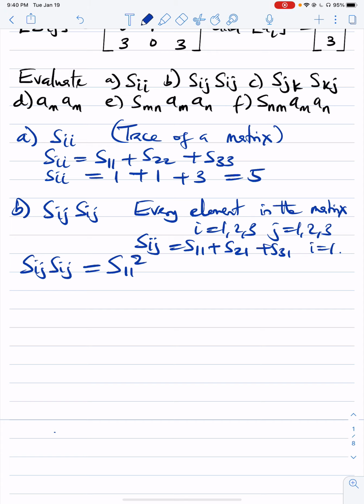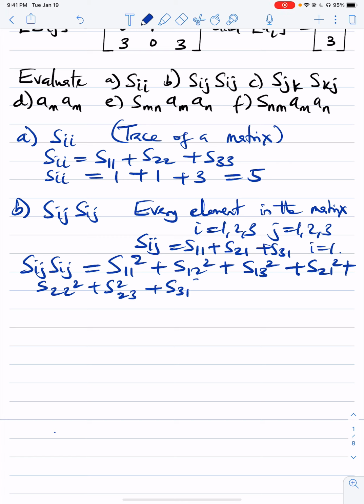If you do that correctly, it will give you S11 squared plus S12 squared plus S13 squared, plus S21 squared plus S22 squared plus S23 squared plus S31 squared plus S32 squared plus S33 squared.